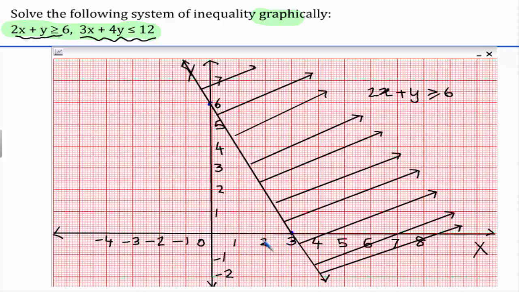Now let us take the points on the graph. 0, 3 will be here and 4, 0 will be here. Let us join these 2 points to draw the graph.